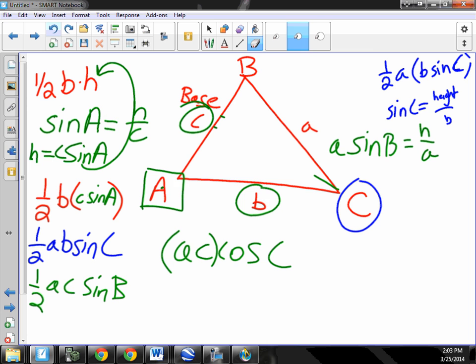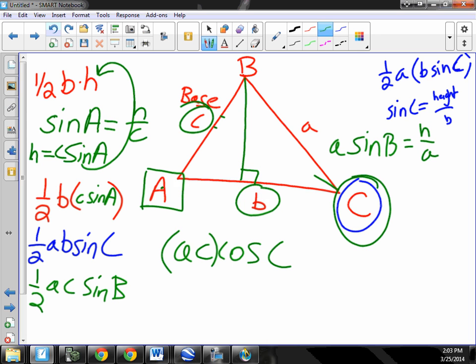So if we called C the base, well, no, we'd have to call this the base. Here's the right angle. Here's C. If I know capital C, and I knew A, then this would be, oh, that would still be sine. Anyway, sorry, that's not going to work.